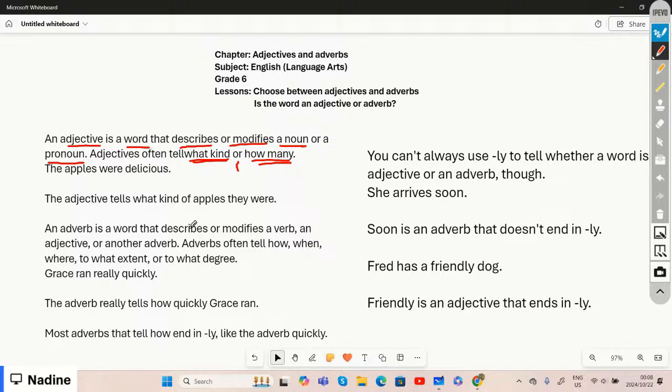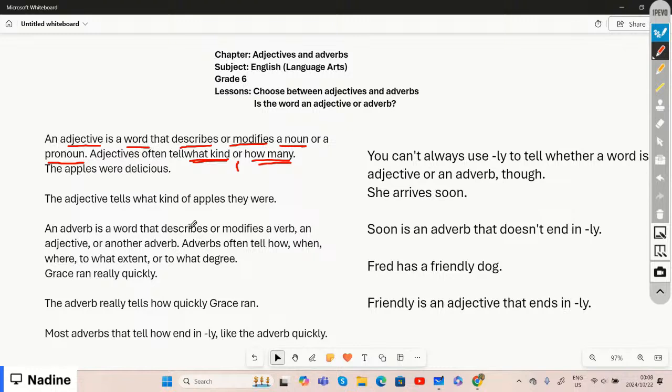So we said an adjective is a word that describes or modifies a noun or a pronoun.